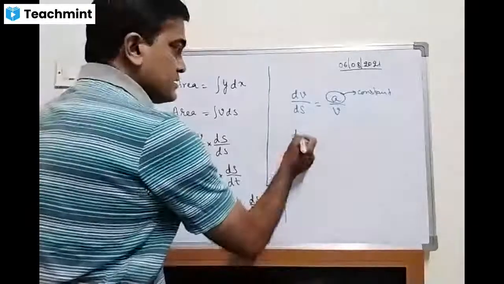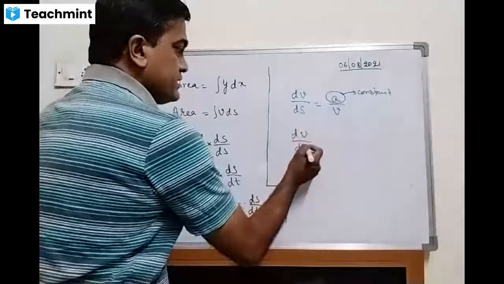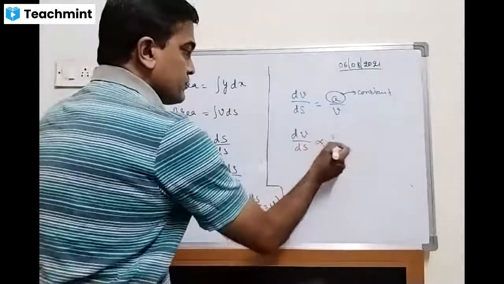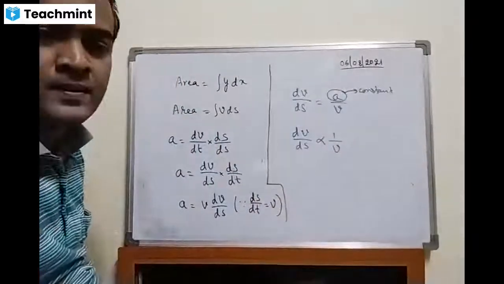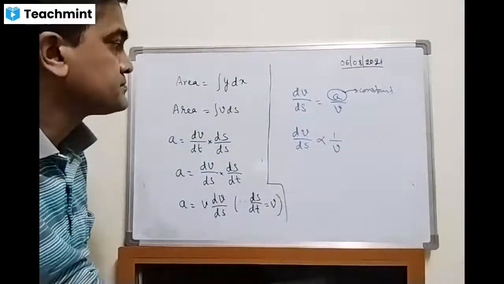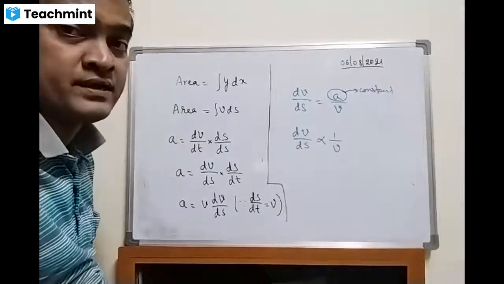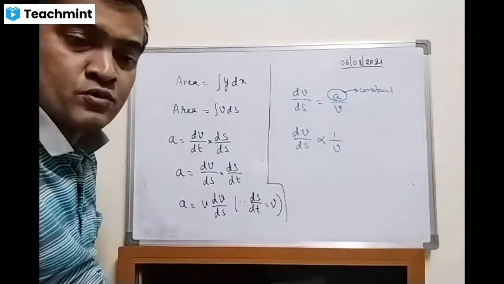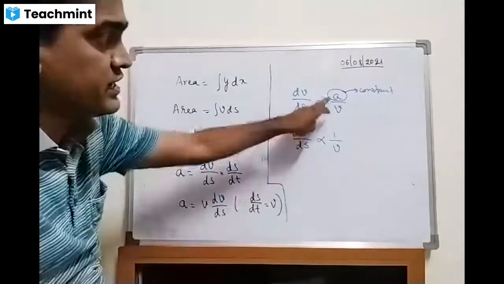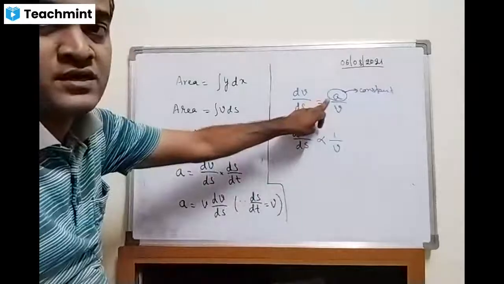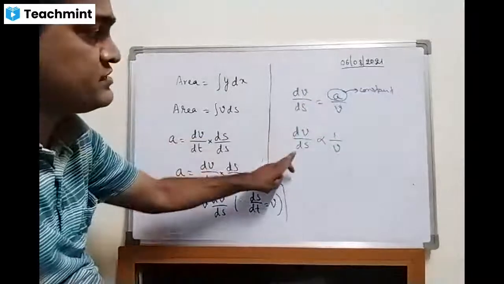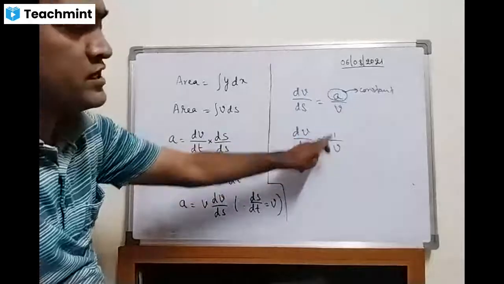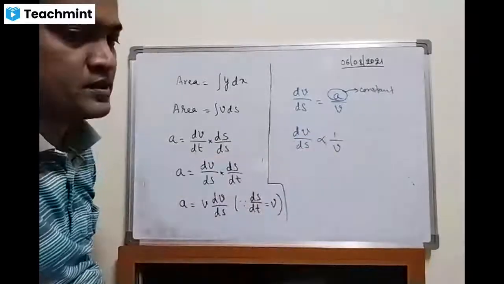I can say that dv by ds is inversely proportional to v, because a I have taken as constant.